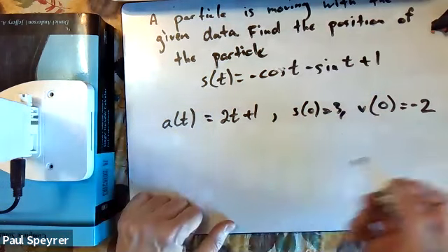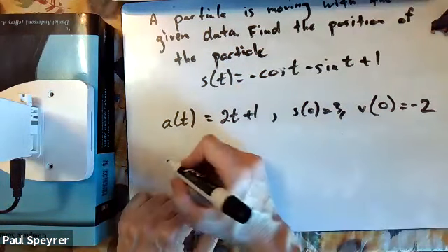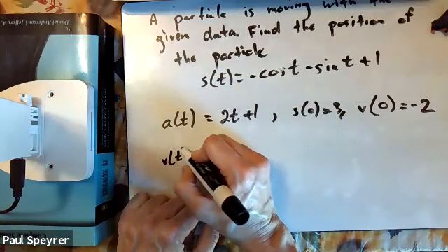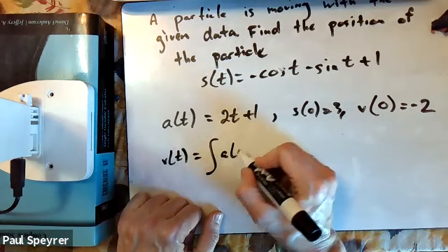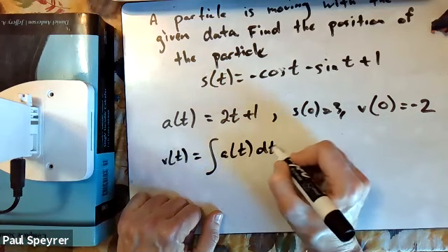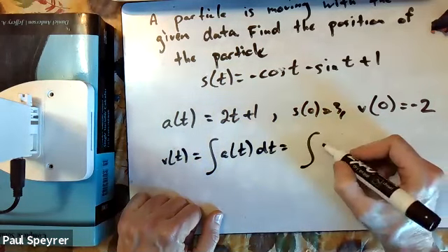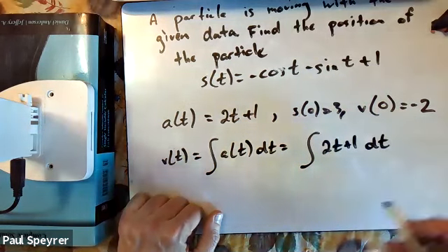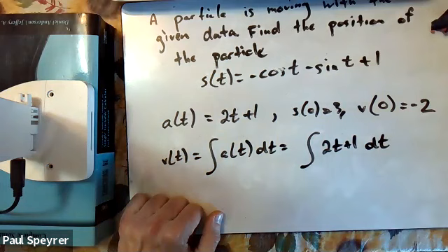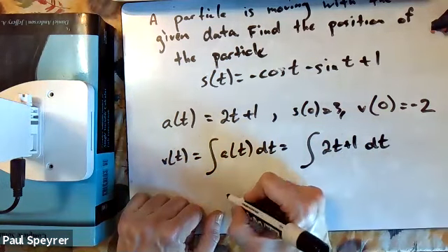So we need v of t first. V of t is equal to the antiderivative of a of t, and in this case, that's 2t plus 1 dt. So what is the antiderivative of 2t?